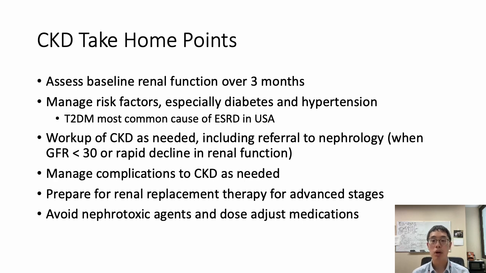When patients get to more advanced stages of chronic kidney disease, also help us prepare them for renal replacement therapy, including dialysis and/or transplantation. And finally, try to avoid any nephrotoxic agents that can potentially harm the kidney further in the setting of chronic kidney disease, and especially dose-reduce any medications that can be affected by the kidneys.